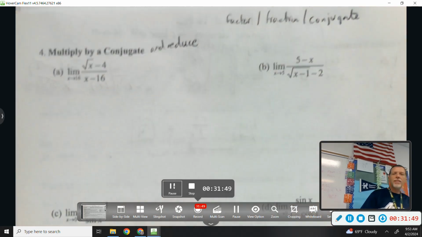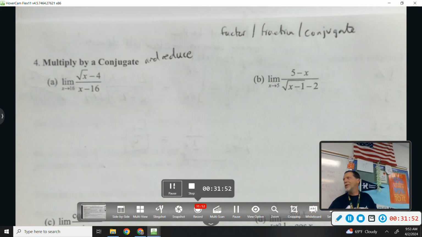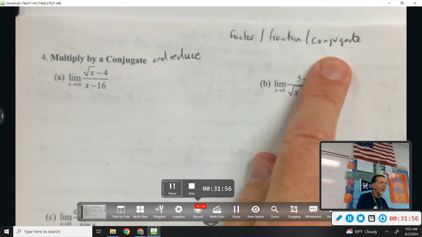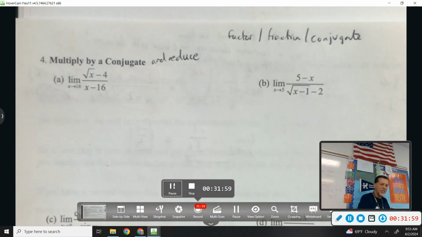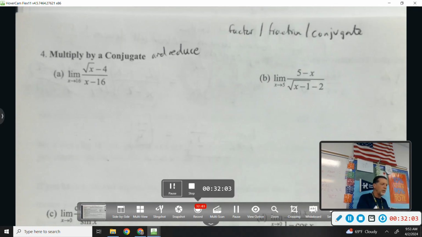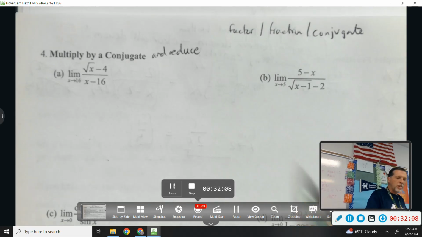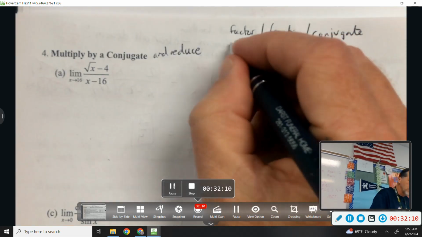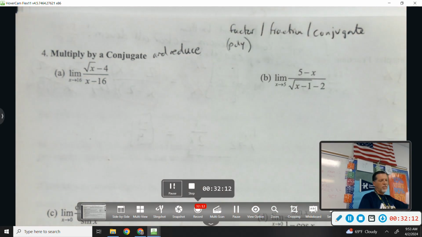And the good news is you almost always know right away which one to use, because fractions are obvious and conjugates are obvious, because the conjugates usually have a square root. There's some signs in here, so I need to be careful about that. But usually it's pretty obvious when you need to factor, because that's polynomials, when there's fractions, and when there's conjugates. So picking which method is not part of the difficulty. It's just executing the method that is the tricky one.